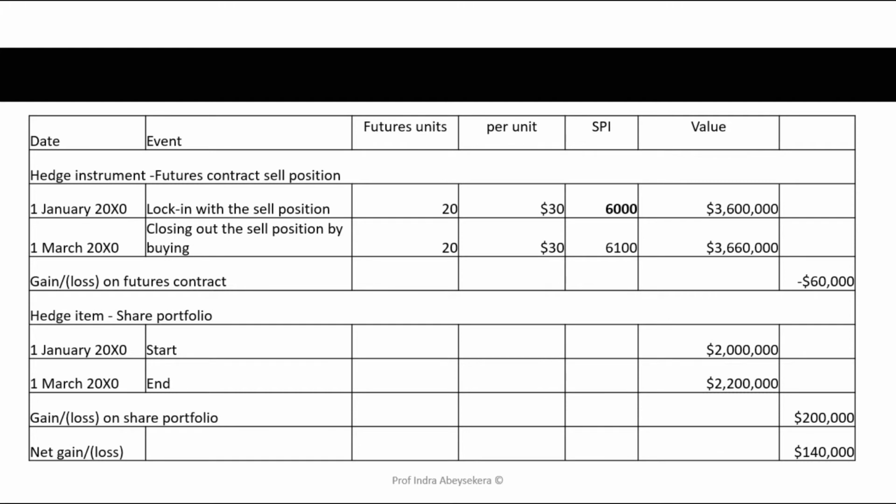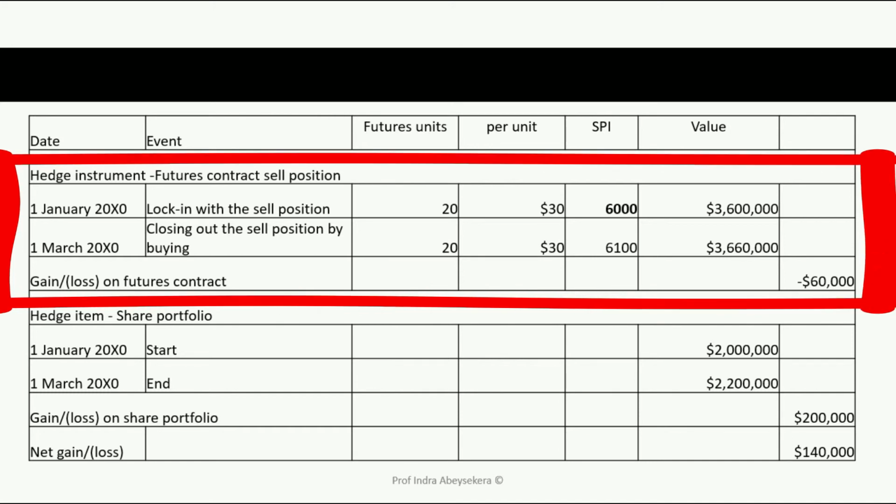So let's look at the hedge instrument and the hedge item. 1st of January, logged into a sell position, 20 units at $30, share price index is 6,000, going to sell it at 3.6 million.